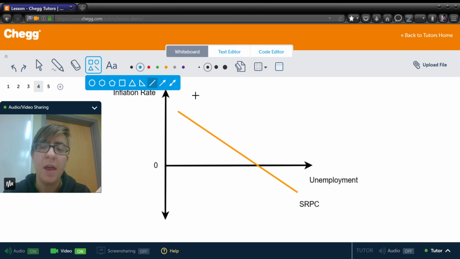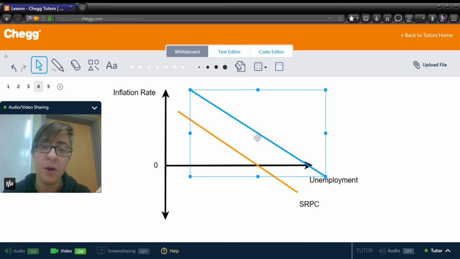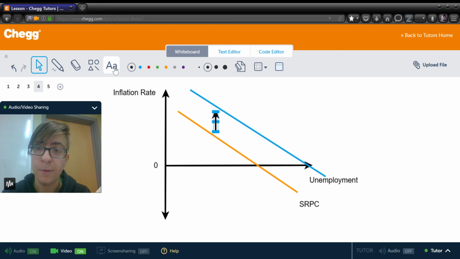If it's an expected increase in inflation, the line will always go above the original one. And this distance between SRPC and our new blue line equals 4%. It will always equal whatever the increase is. So if this increase had been 10%, 3%, 0.5%, that is how much it will have moved up.